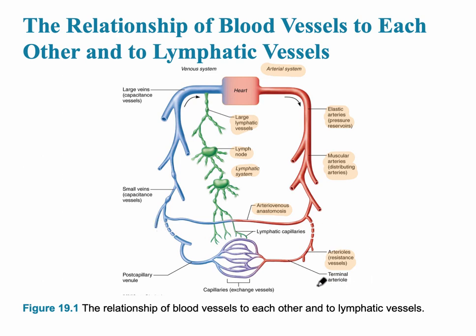So after the arterial system, that leads to the capillaries, which are the exchange vessels. These are the small vessels that are going to have direct contact with the cells. So after there's exchange of oxygen, carbon dioxide, nutrients, waste, then the deoxygenated blood is returned to the heart.